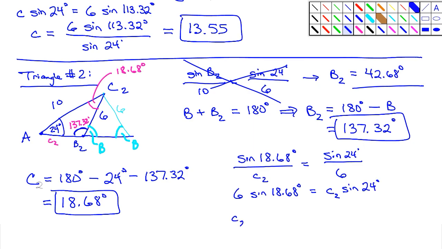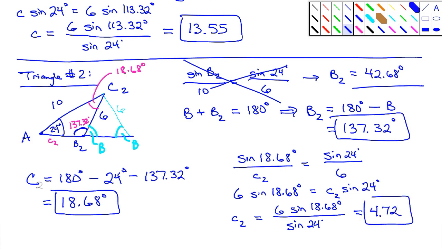And c2 is equal to 6 sine of 18.68 degrees divided by the sine of 24 degrees. Work that out and you get 4.72. And that is the solution to both triangles.